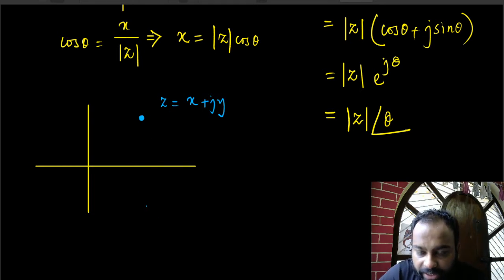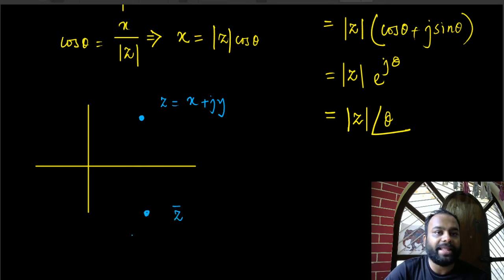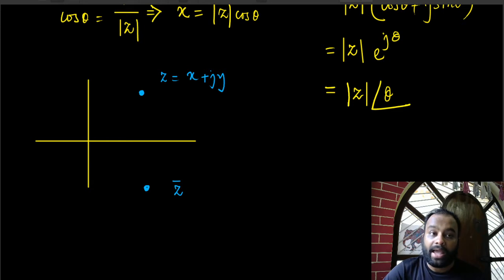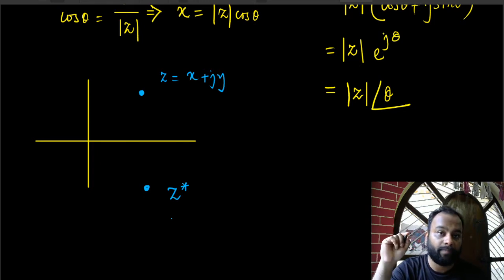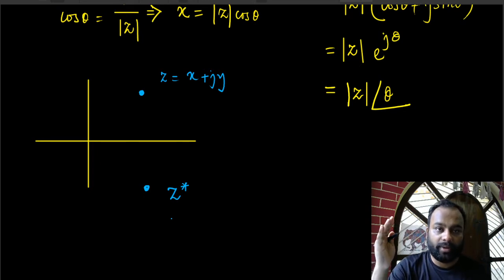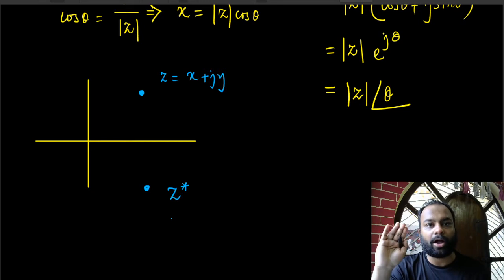Then question is, what is z bar? You people know what is z bar? Z bar, or namely the conjugate of the complex number, and we don't put a bar here. In our signal processing classes, we use a star on top, as a superscript, to denote a complex conjugate.